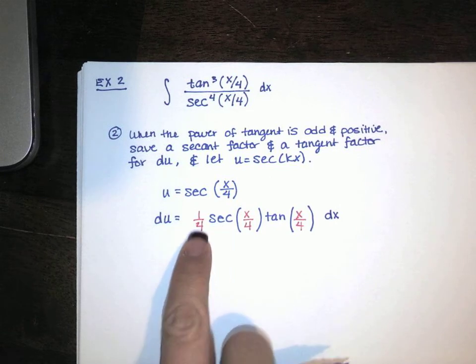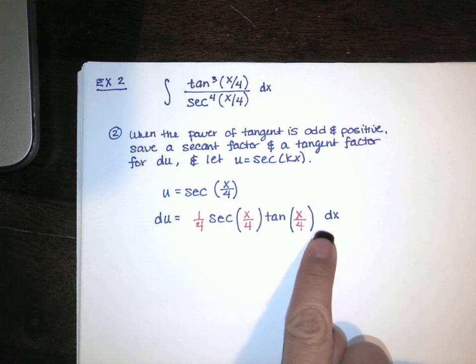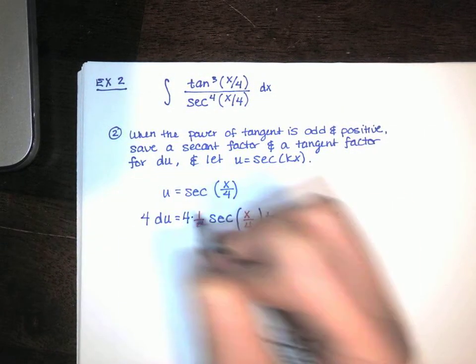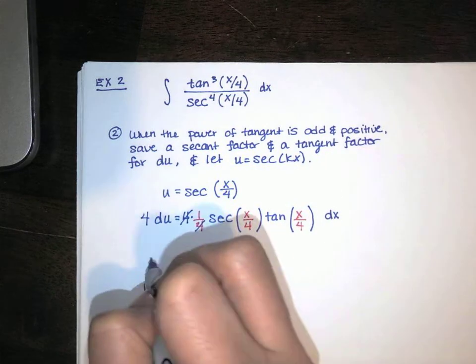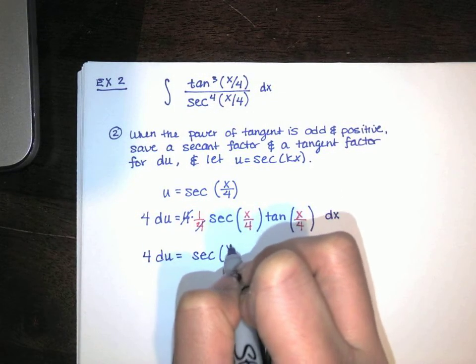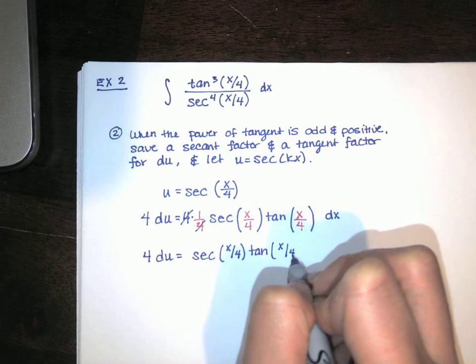Now there's no extra factor of 1/4 out here, so I'm going to multiply both sides of this equation by 4 so that those reduce. Turns out 4 du is going to be secant of our angle times tangent of our angle dx.